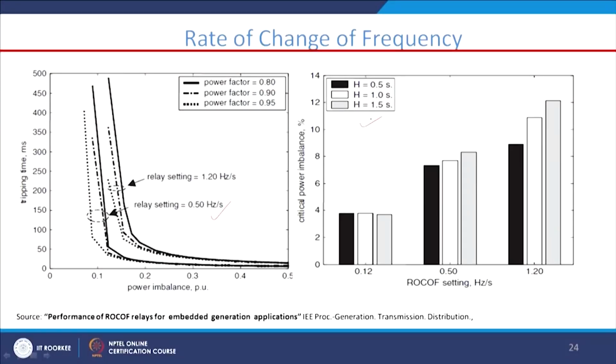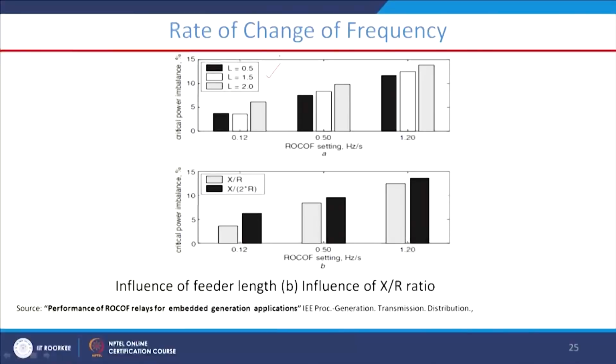And there are certain other issues. As I said, H stands for the inertia constant, and if you vary this inertia constant, like 1.5, then the critical power mismatch percentage also varies, and the setting of the ROCOF relay should be followed accordingly. And L is the length of the feeder and X by R is the ratio of the line or feeder present inside the circuit.